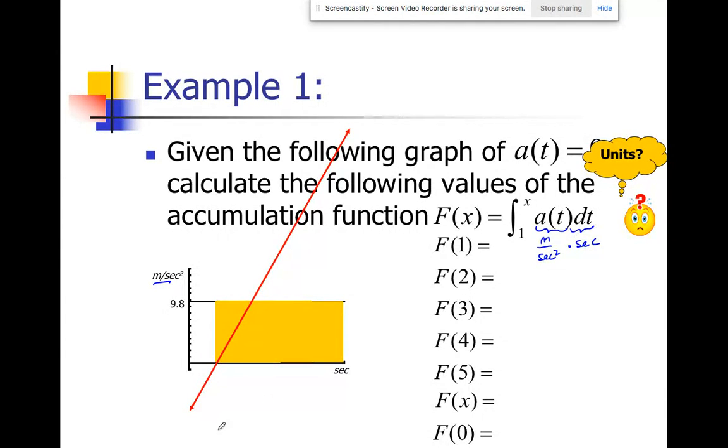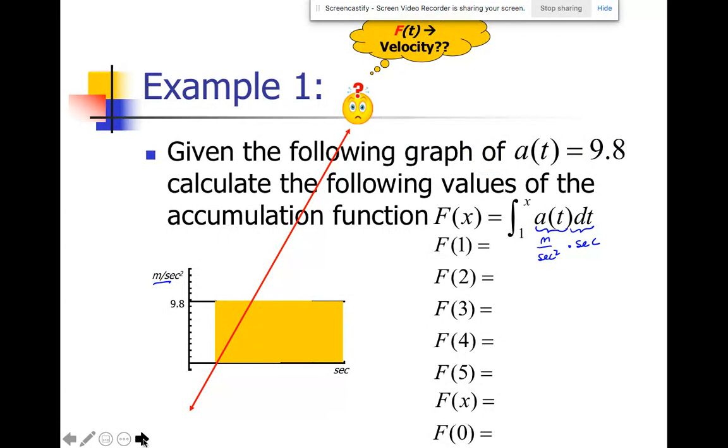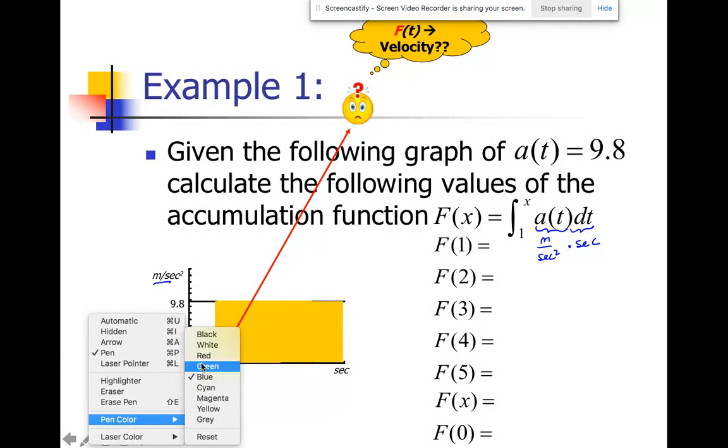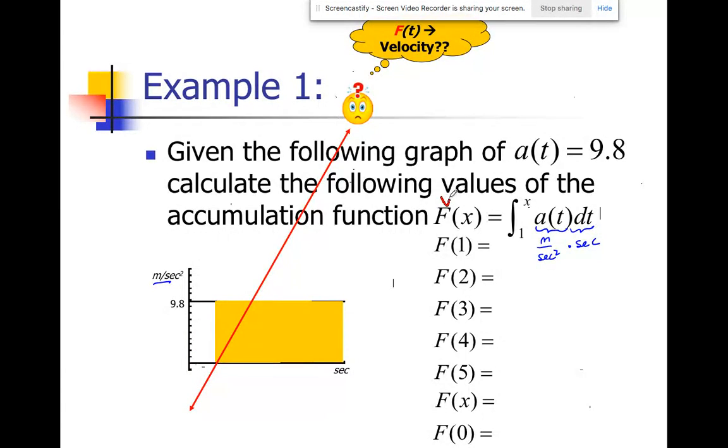Integrating under acceleration gave me what? What? Capital F is velocity? What is happening right now? Capital F is velocity? Wait a second. Whose acceleration then?